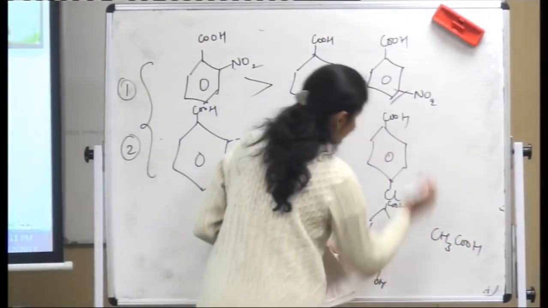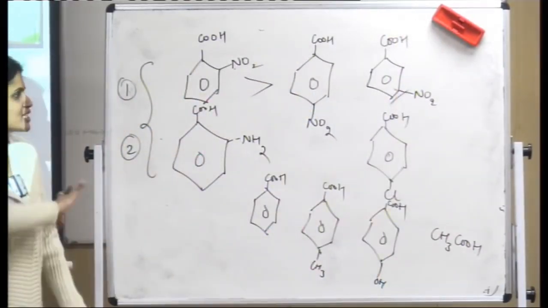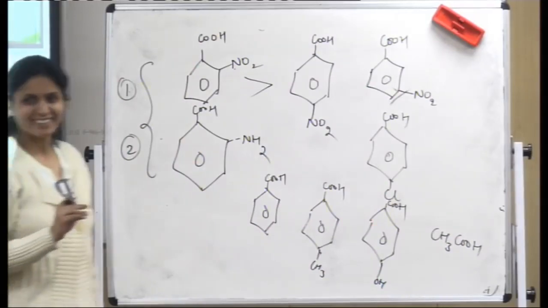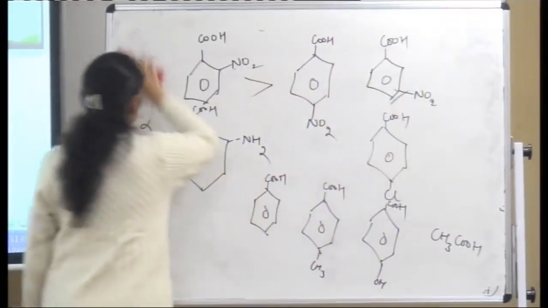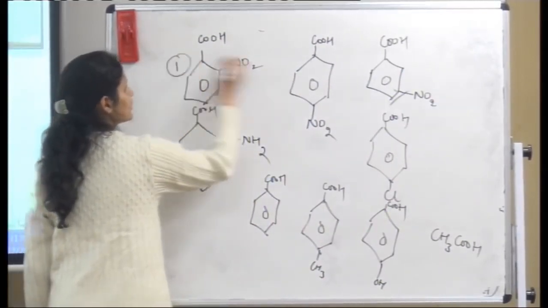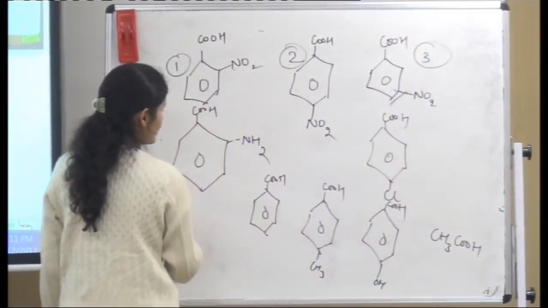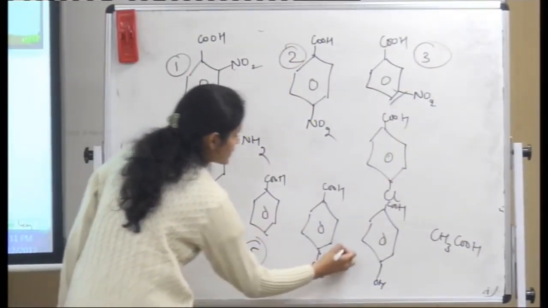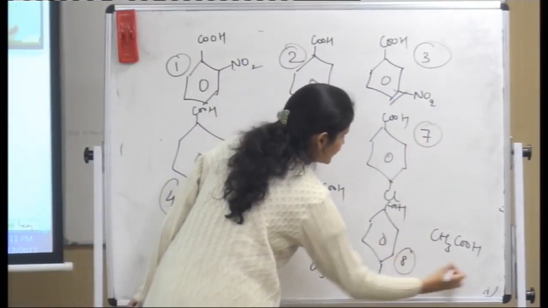Now decide which is the strongest acid. Let's name them 1, 2, 3, 4, 5, 6, 7, 8 and 9.